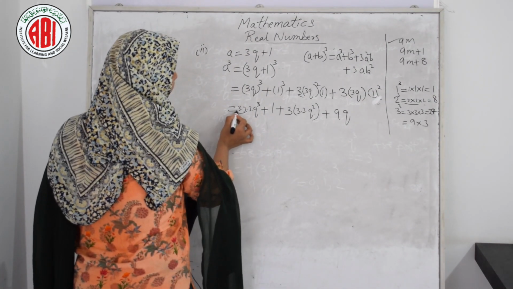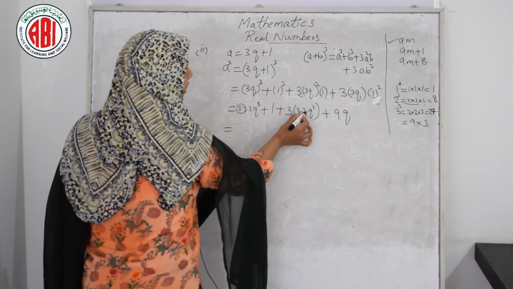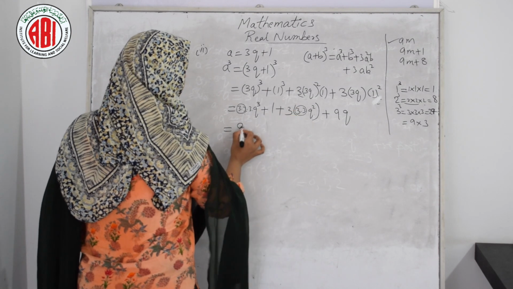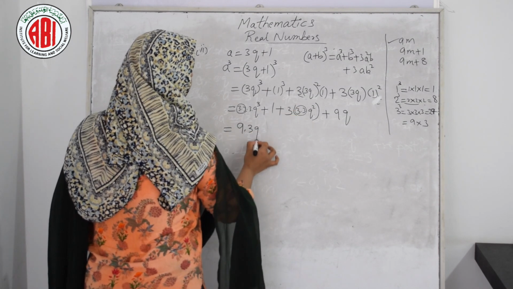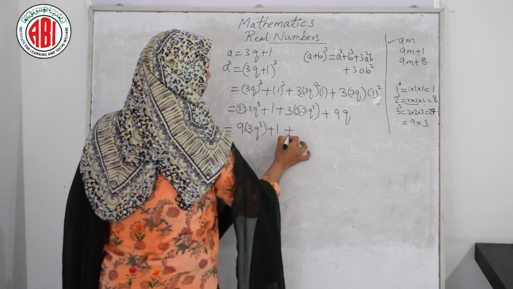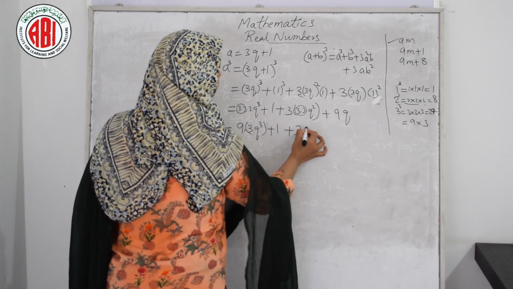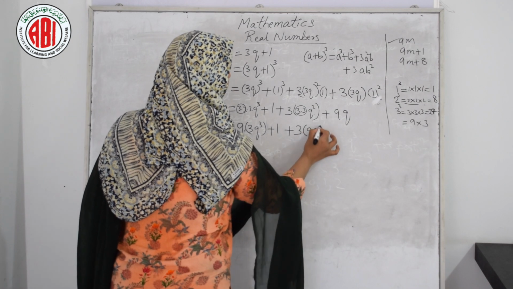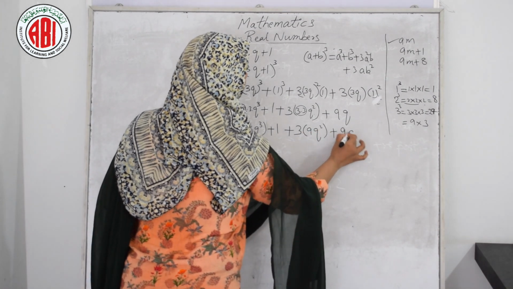Now from here we can take 3 3 is 9, here also we can take 3 3 is 9. 9 into 3q cube plus 1 plus again 3 3 is 9q square plus 9q.